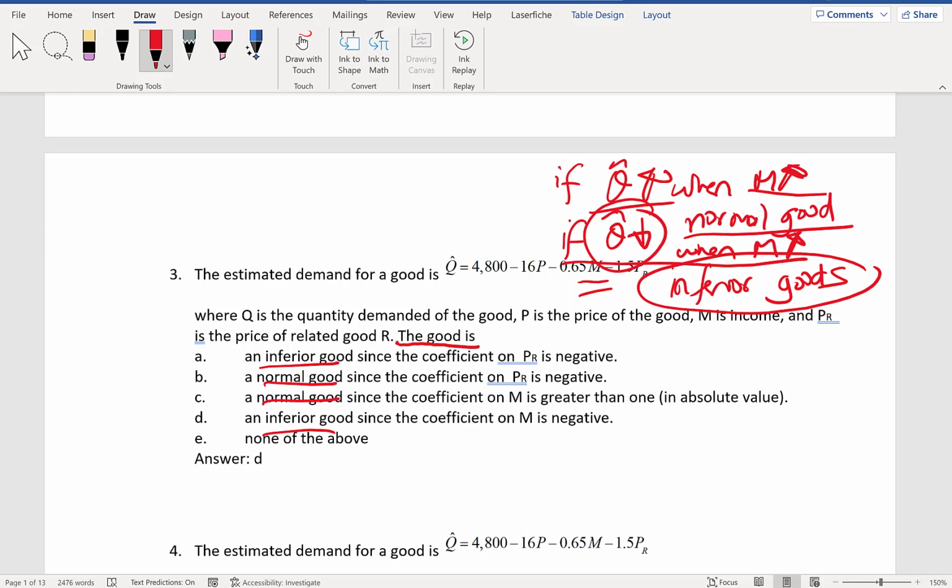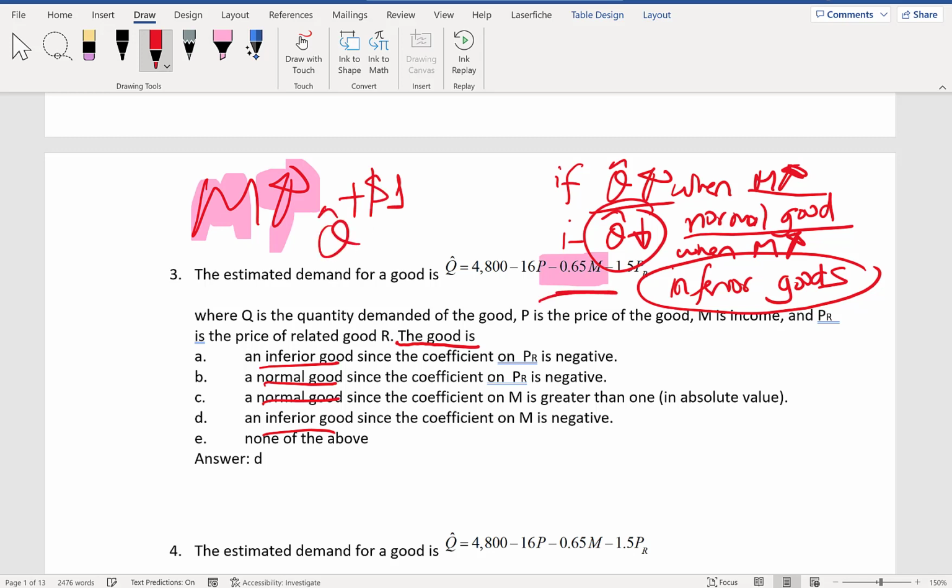Check this out. In our case, if my income went up by $1, quantity demanded went down by 0.65 units.